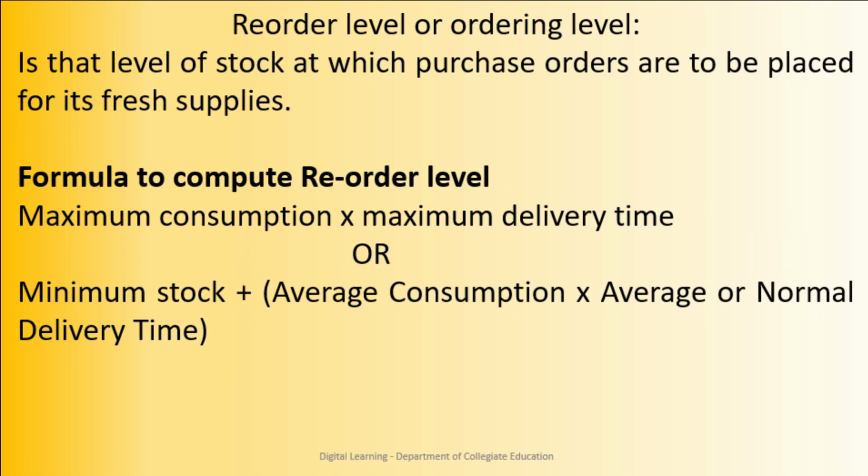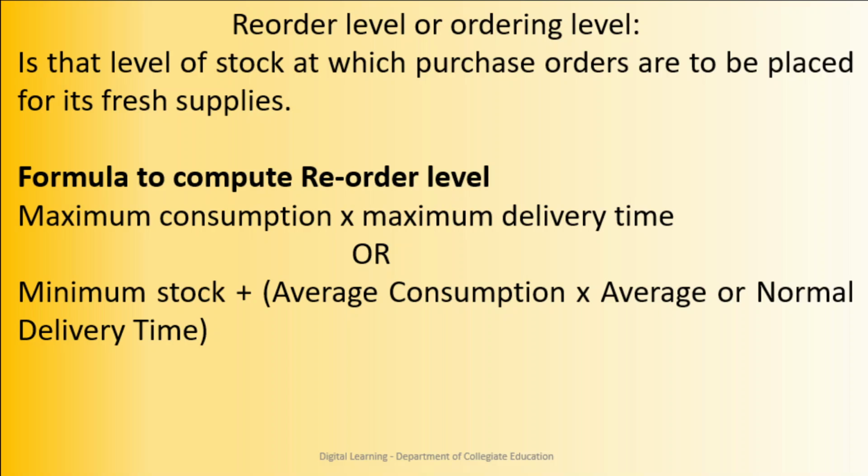The next type of stock level, which is required in order to calculate the minimum as well as maximum stock level, is reorder level, which is also known as ordering level. In simple terms, reorder level is that level of stock at which purchase orders are to be placed for fresh supplies.